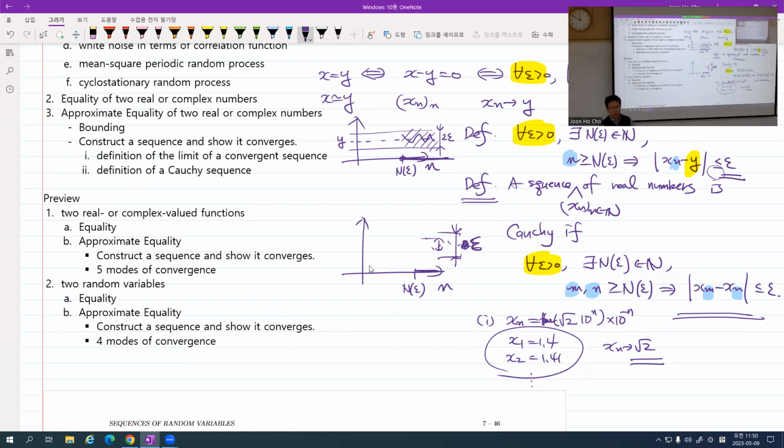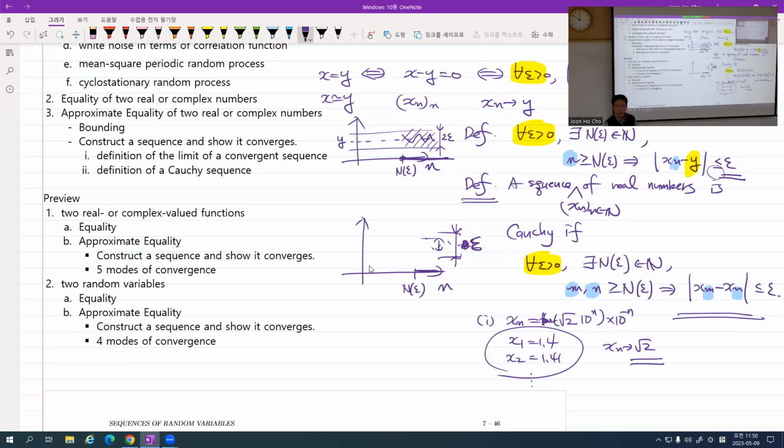Probably some of you have taken a real analysis course in your undergraduate program, or you are taking it, or you will be taking it in your graduate program. And the first topic in real analysis is what? The definition of the set of real numbers. To motivate that, they talk about the problem of the set of rational numbers.